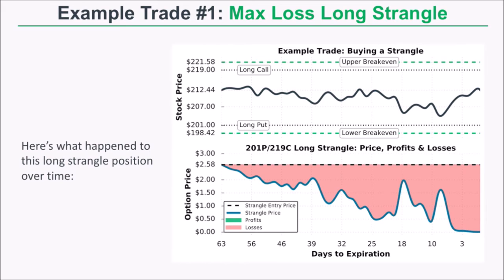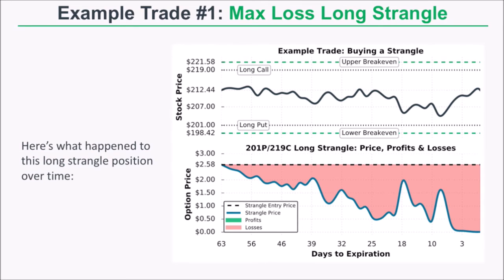So if we were to buy one of these strangles for $2.58, if we held it until expiration, we would lose that full debit paid, and we would have a loss of $258 per long strangle. Now, you don't have to hold a position until expiration, and you never have to do that when you trade options. So let's say you wanted to lock in your loss when this strangle hit $1.